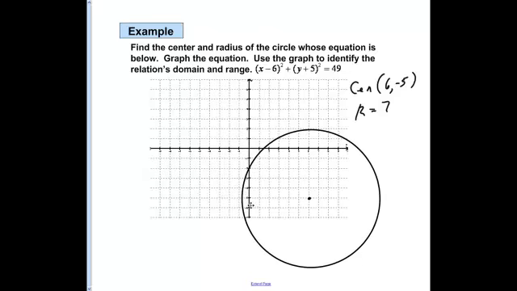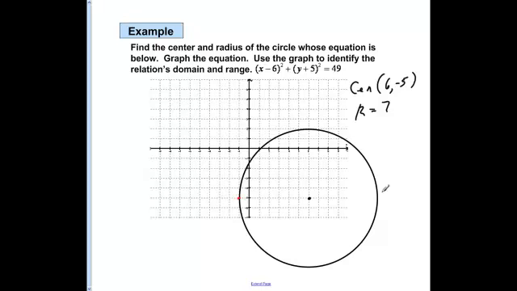So we can take a look at the domain. Let me move this over just a little bit. Yep, there we go. We can get the domain from these values here, and we'll see that the domain includes negative 1, and we can add 7 to 6, which would be 13.